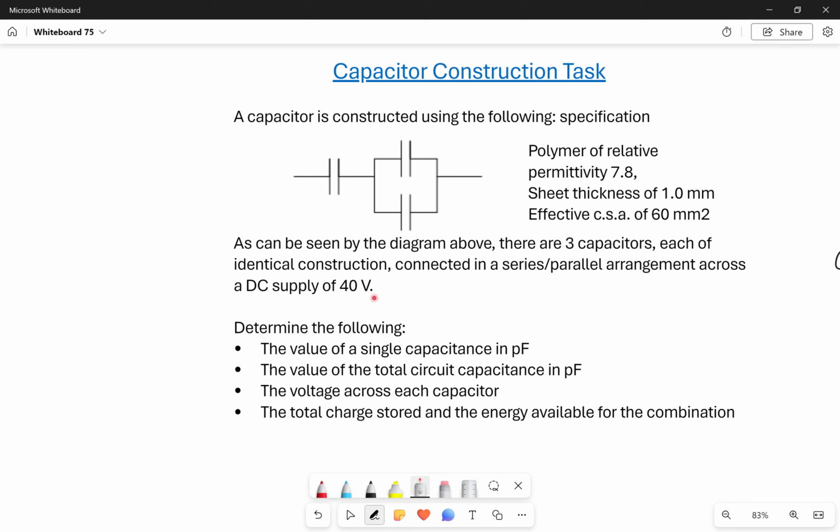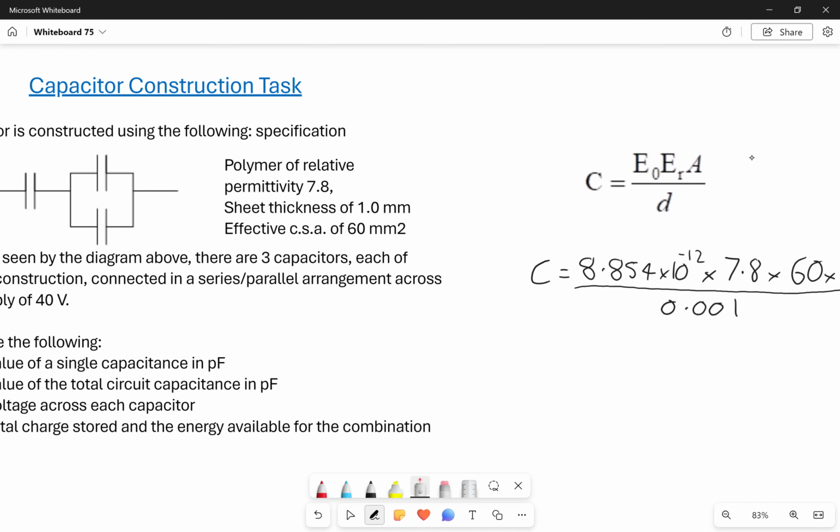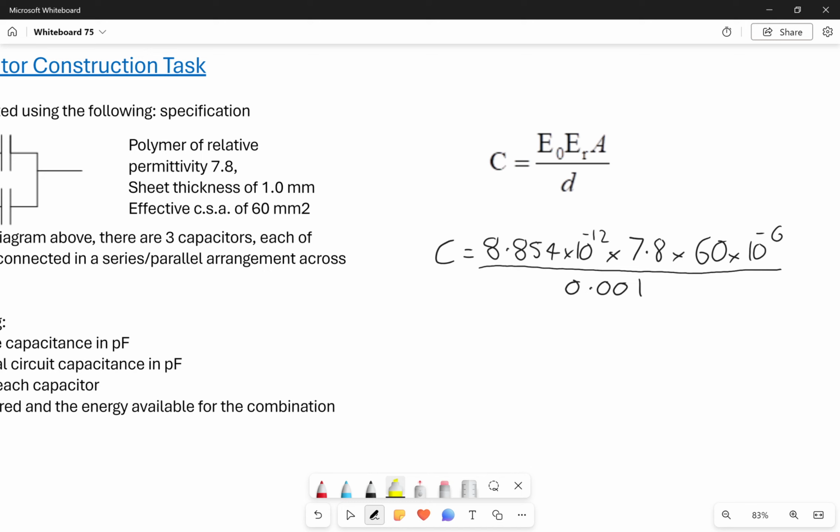Now in order to do this, we are going to have to use our C equals ε0 εr A over d formula. The way the formula works is that we extract the values from the given specification, put them into the formula, put them in our calculators, and then we have a single value of capacitance.